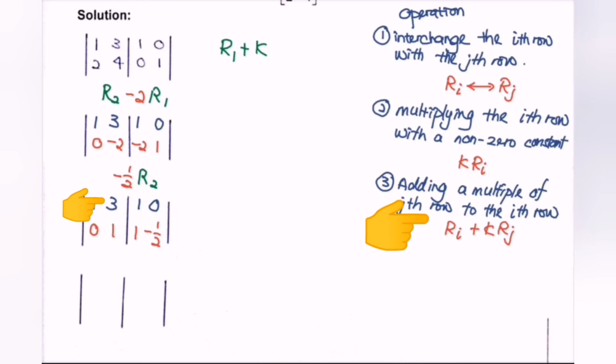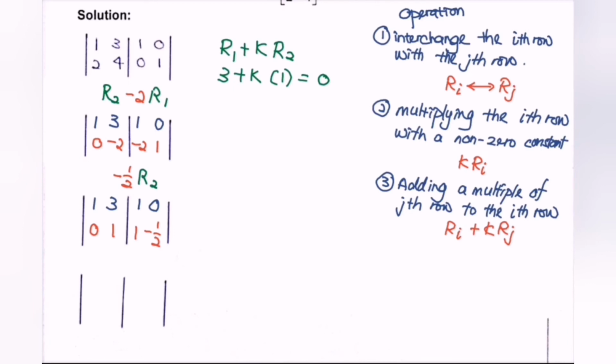Next, we have to relate it to the second row. So kindly substitute the situation. The row 1 is equal to 3 plus k for the row 2, which is equal to 1. And finally, it must equal 0 because for the element 1, 2, the final answer must be 0 because we want to achieve the identity matrix.